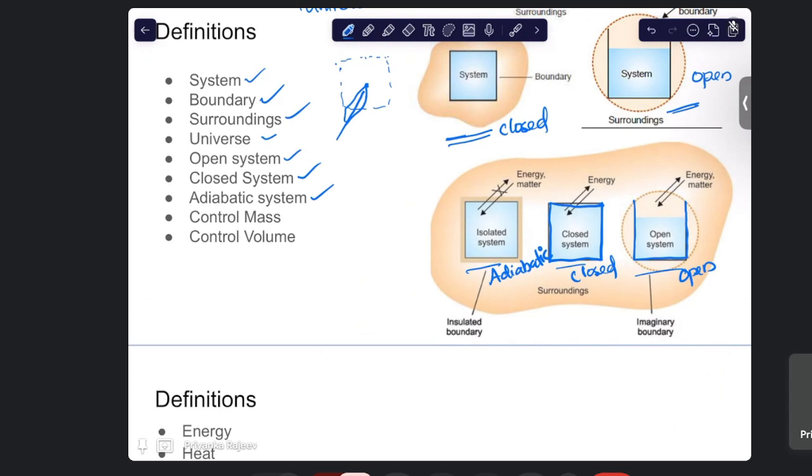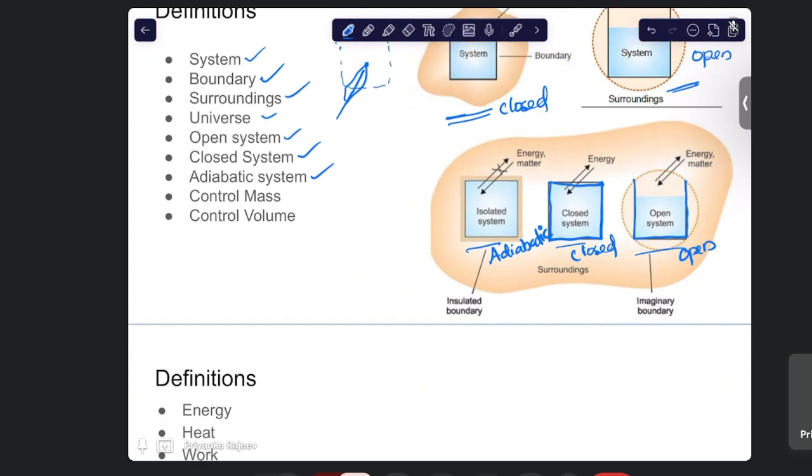Then you've got control mass and control volume. Control mass is where you are dealing with a fixed amount of matter. That is a closed system that we are talking about.